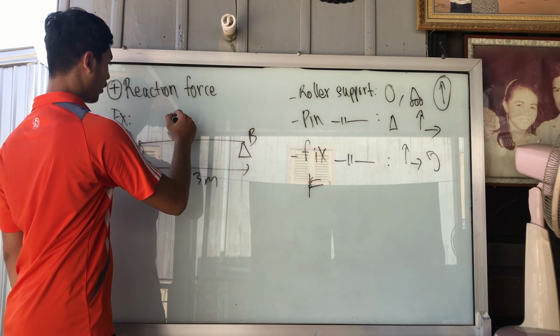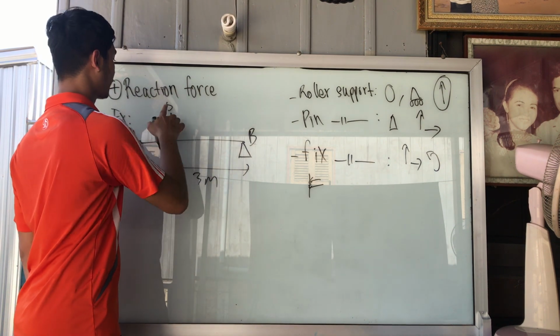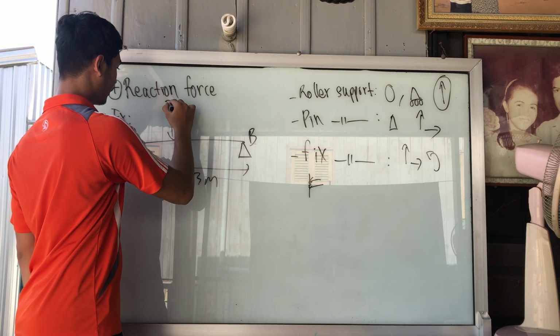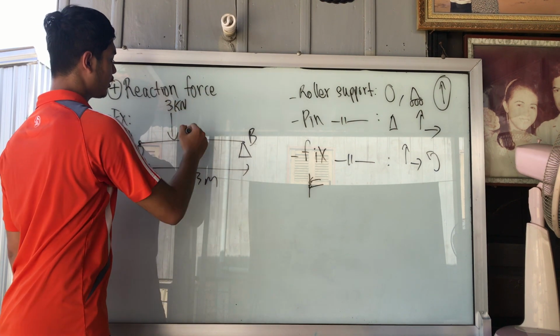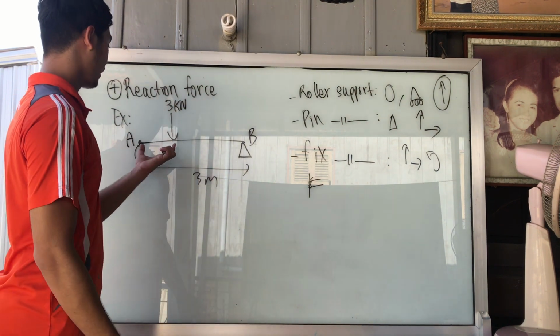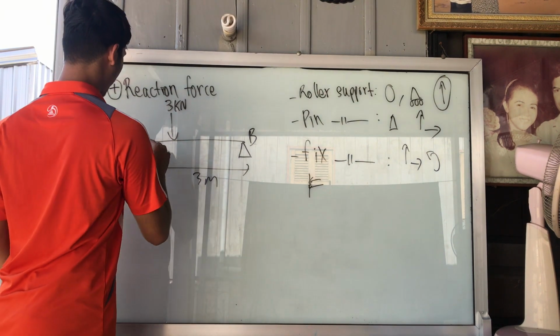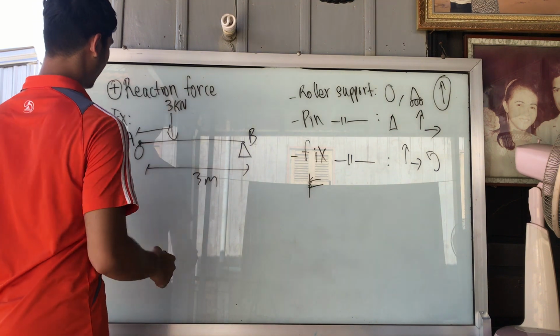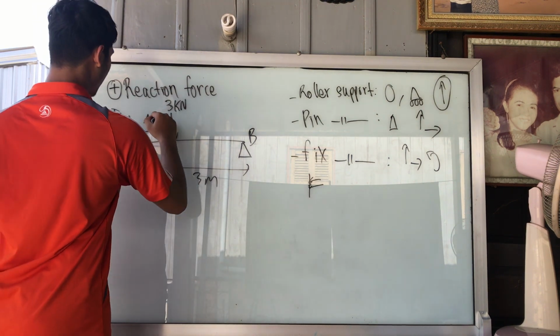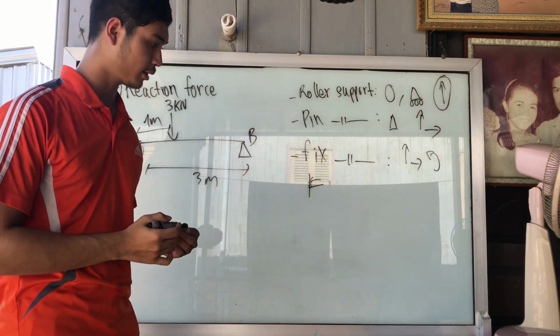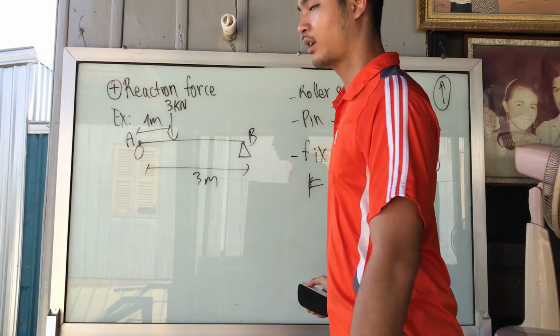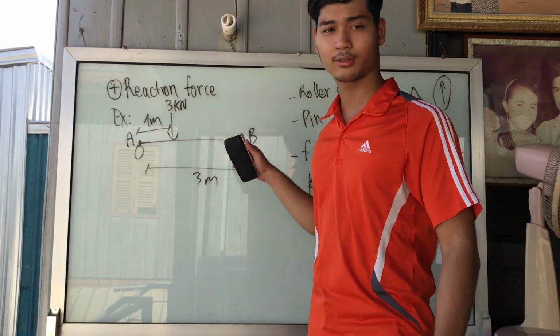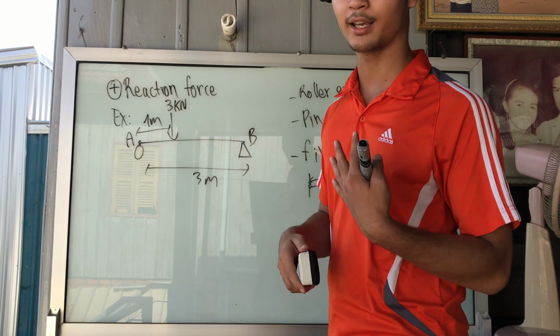And I apply a load of 3 kilonewton, 1 meter from point A. Okay, so let's draw the free body diagram and find its reaction force.